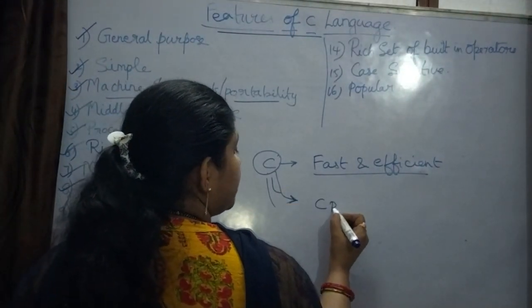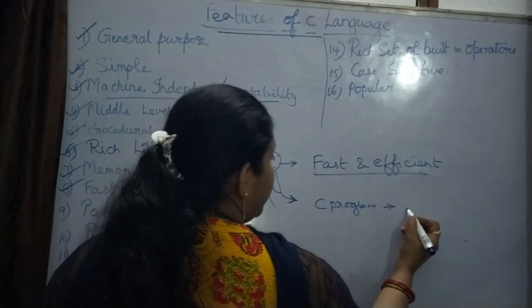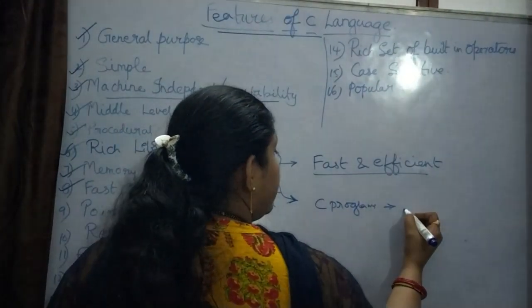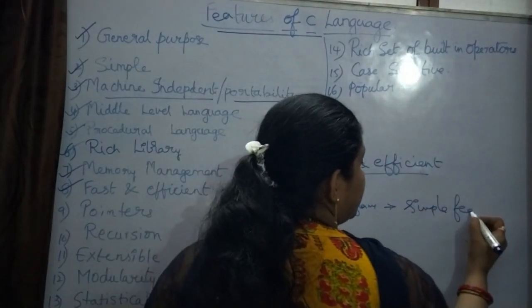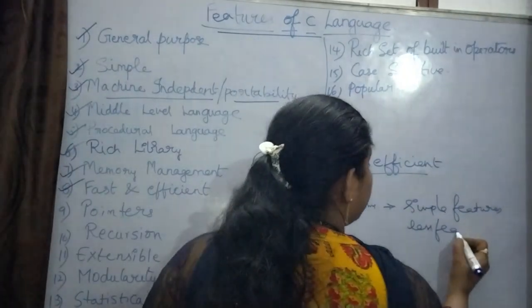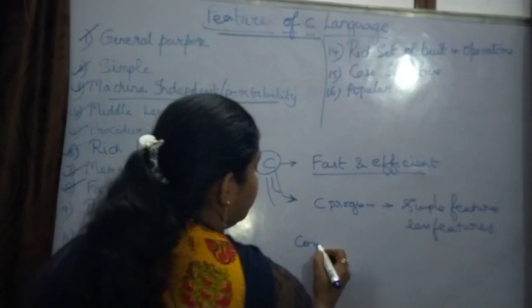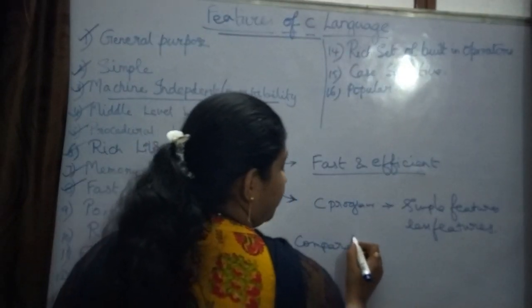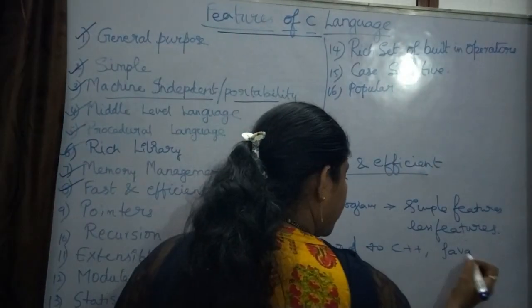C programs have very few and simple features compared to C++ and Java.